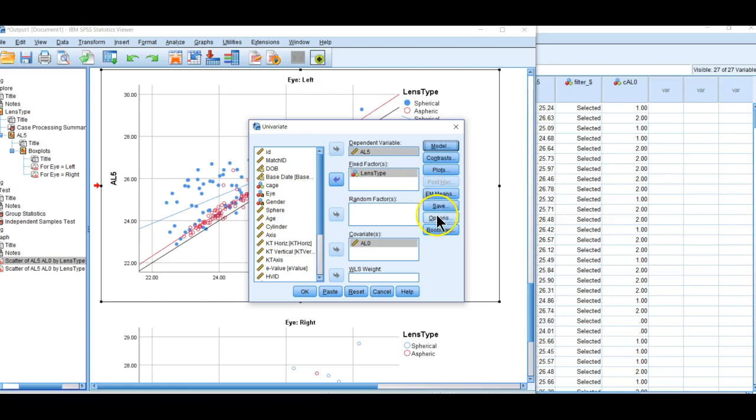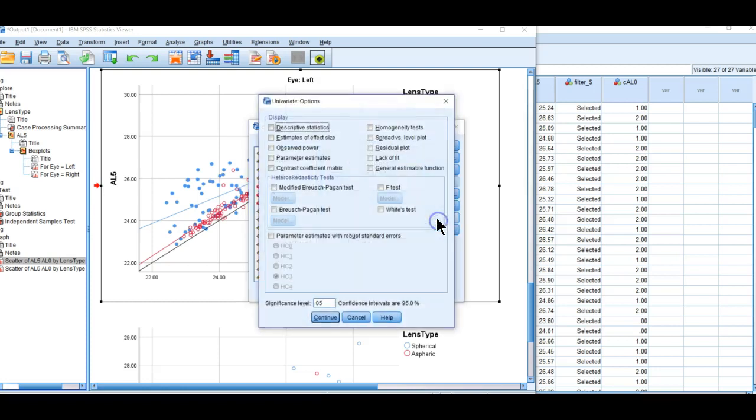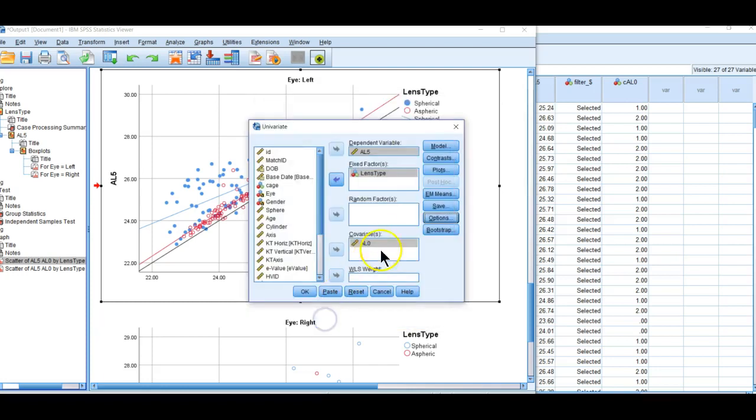Now, one of the things we can do in options is to get our parameter estimates, which will give us a regression equation. This is basically exactly the same answer you would get if you did regression analysis, multiple regression.